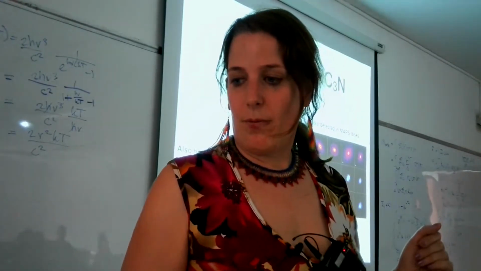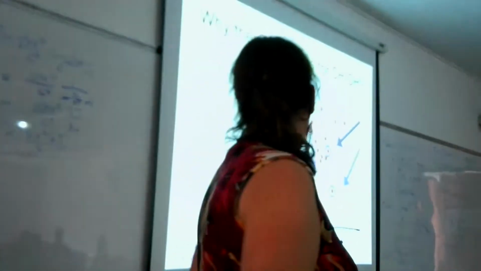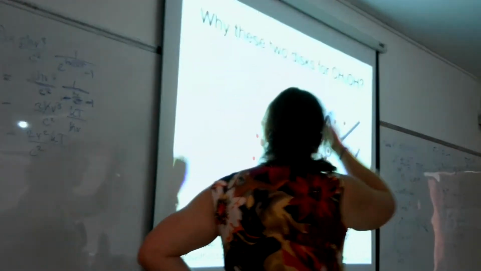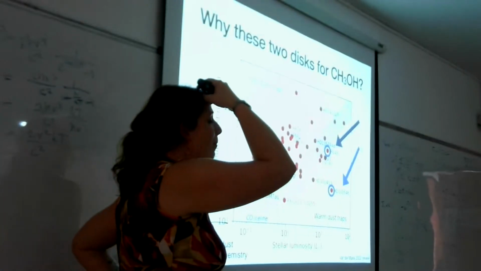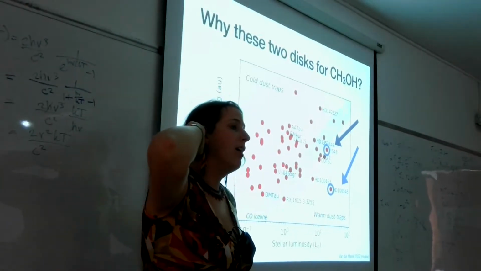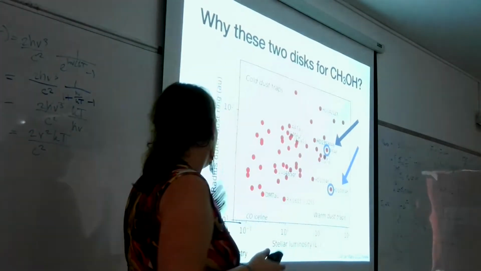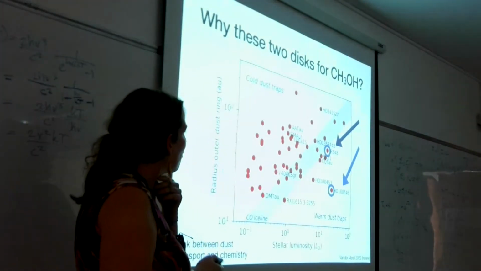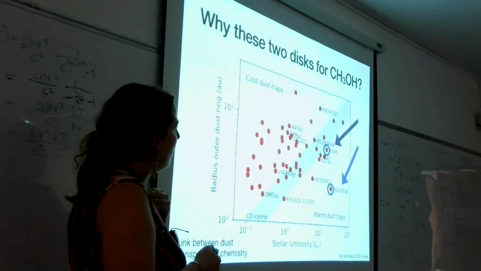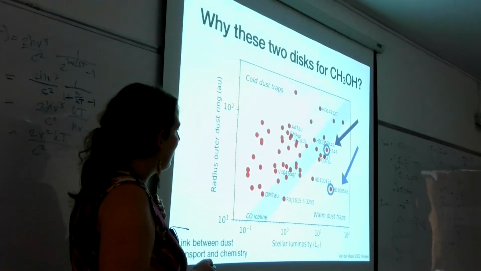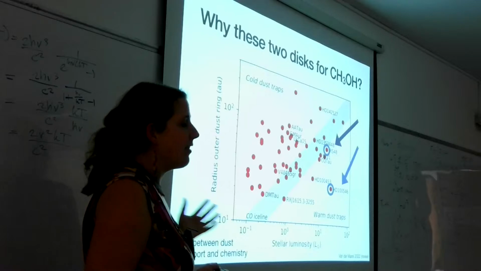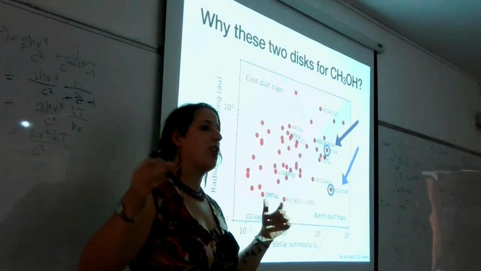So now, you may wonder why these two disks show methanol when people have been searching for methanol for such a long time. One interesting property of these two transition disks is that their dust trap is located inside the CO snowline.